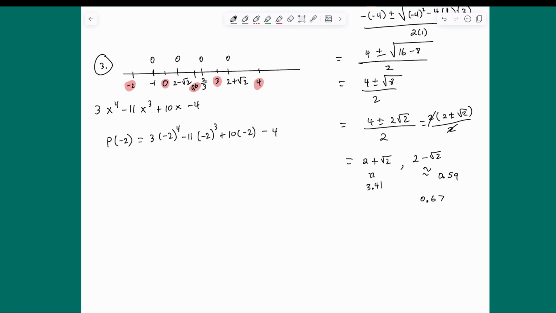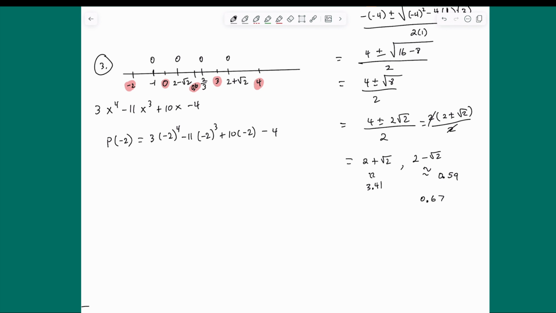Let me go ahead and plug that into a calculator here. So we have 3 times negative 2 to the 4th, minus 11 times negative 2 to the 3rd, plus 10 times negative 2, and then minus 4.